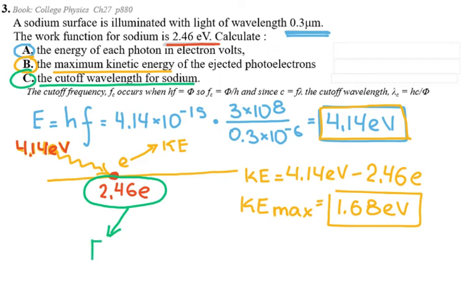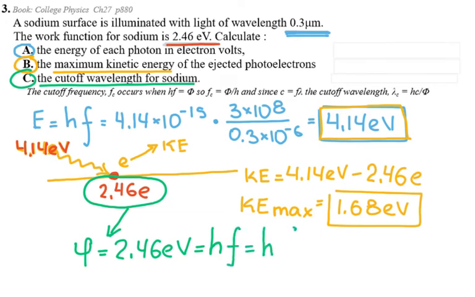The work function is equal to 246 electron volts, and that is equal to, again, the energy, so Planck's constant, and instead of the frequency, I can write the speed of light over the wavelength.